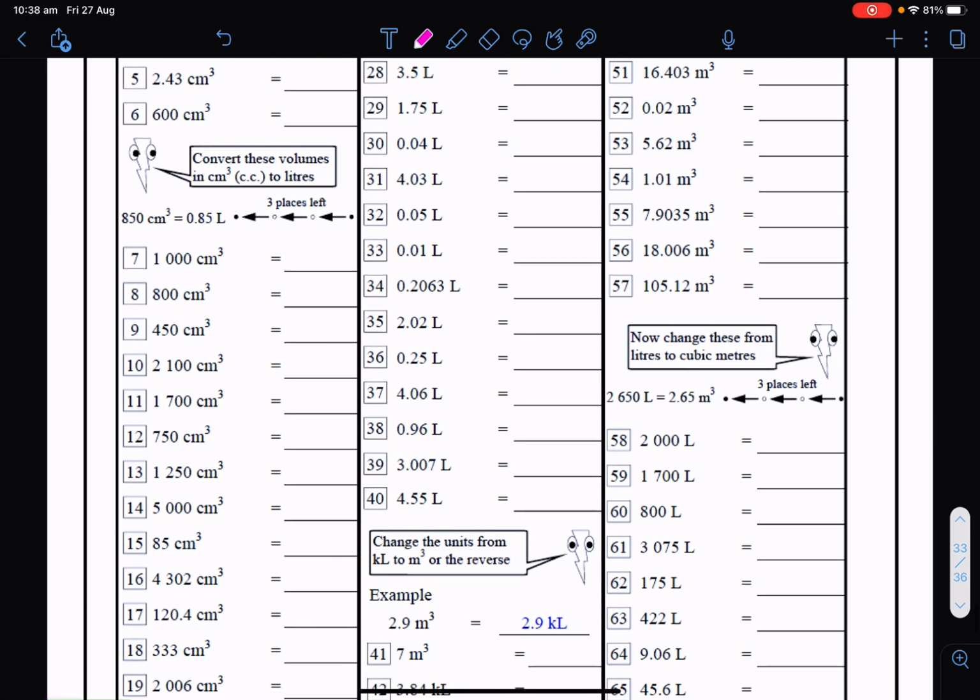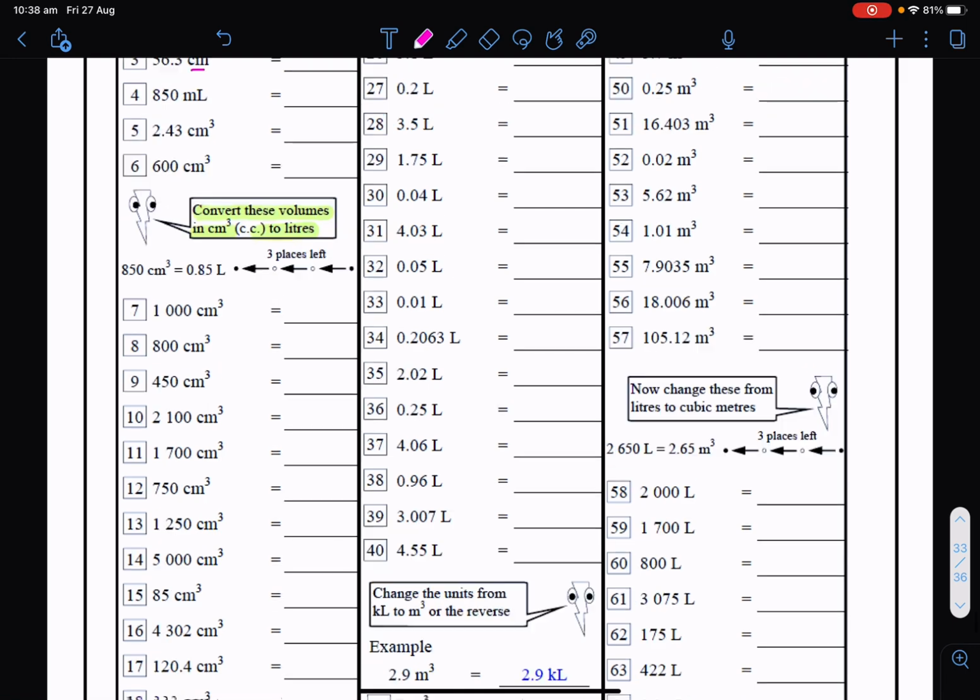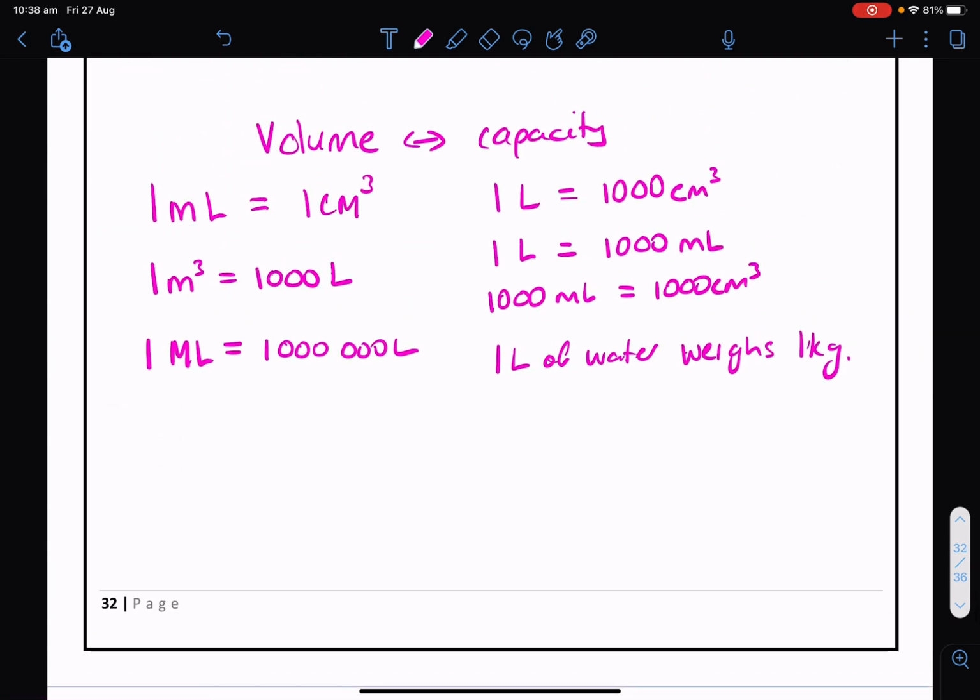All right, next one says, convert these volumes in centimetres cubed to litres, okay? So this time, we know we're going from centimetres cubed to litres, so we're going to go back to our table.